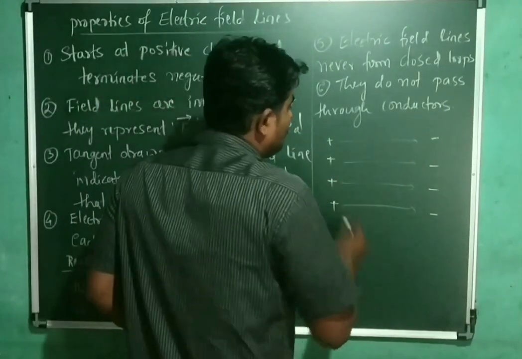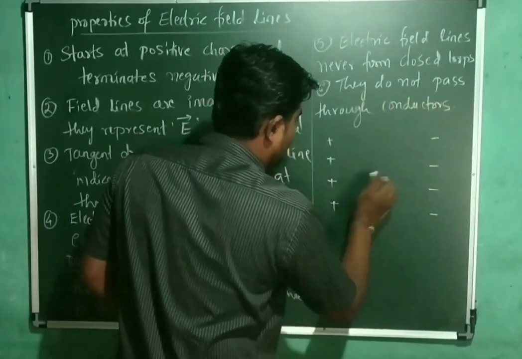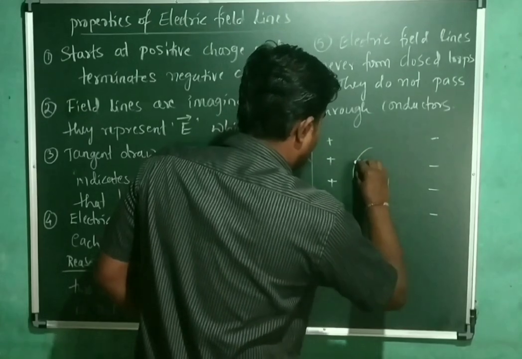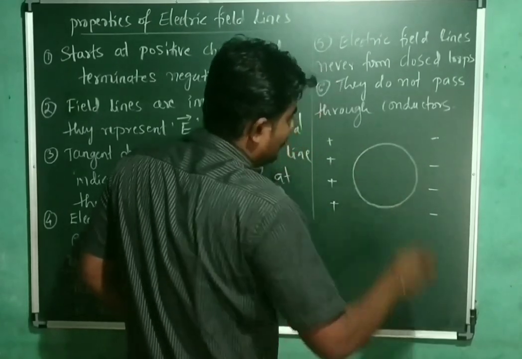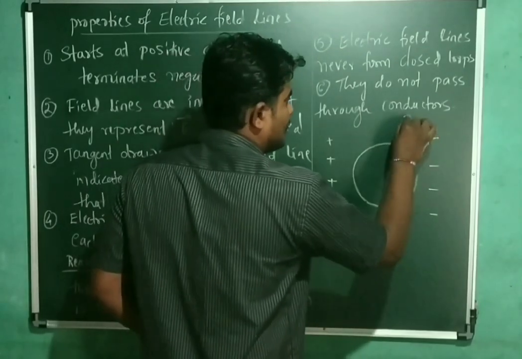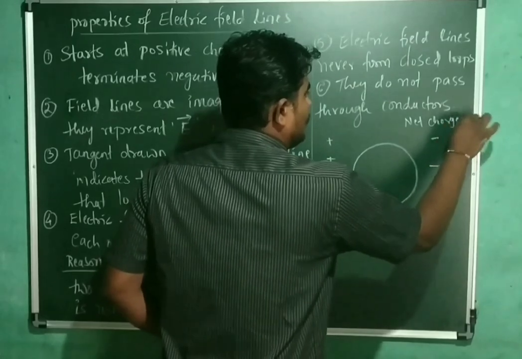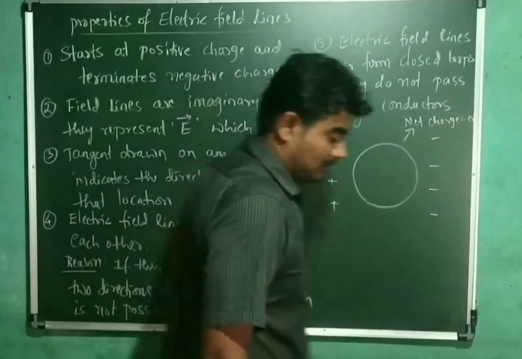And I place a conductor here in between the external electric field. The net charge of this conductor is initially 0.